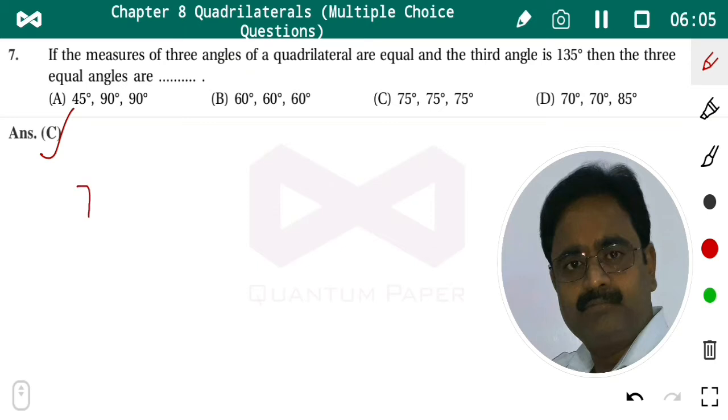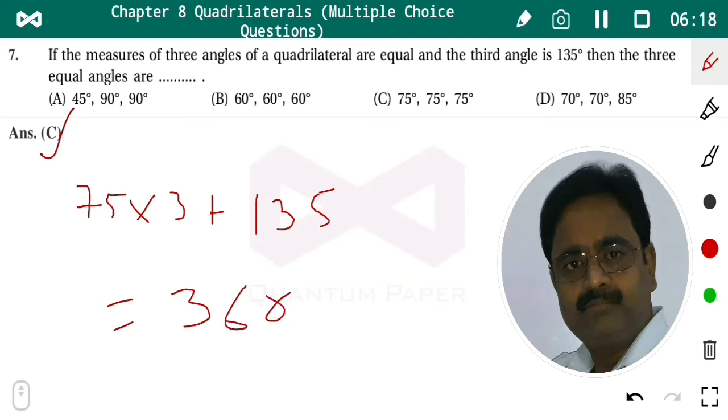Because 75 multiplied by 3 plus 135, the sum of these angles is equal to 360. Therefore, those three equal angles are 75, 75 and 75 degrees, which is our option number C. Is the reason clear? So friends, be confirmed with the reason, then move forward.